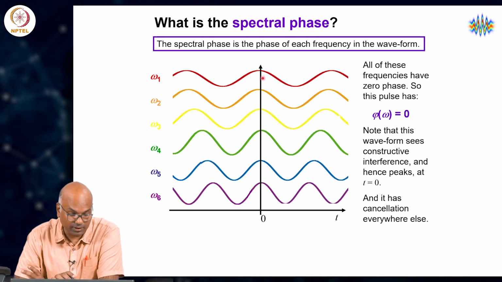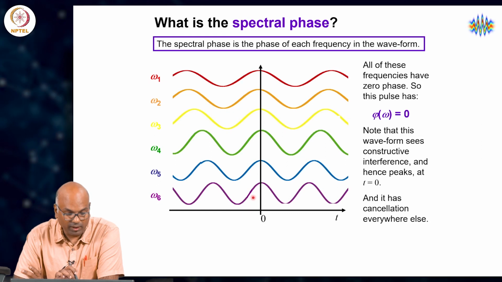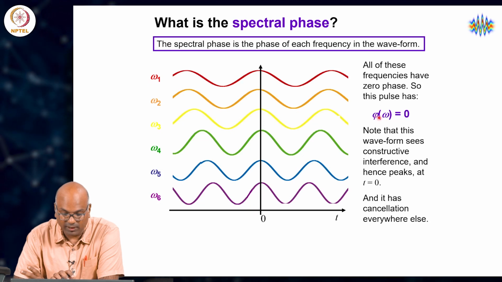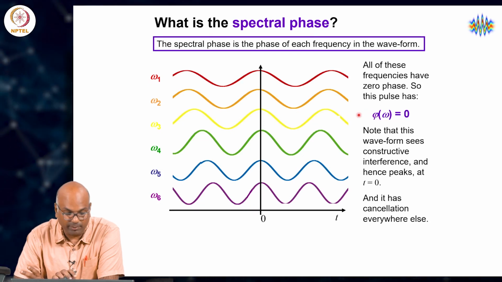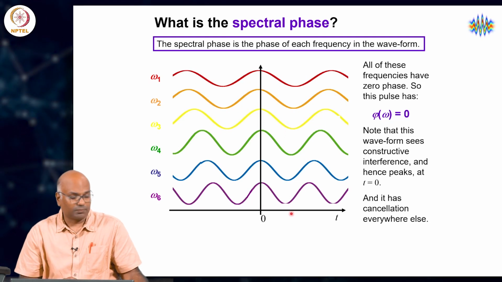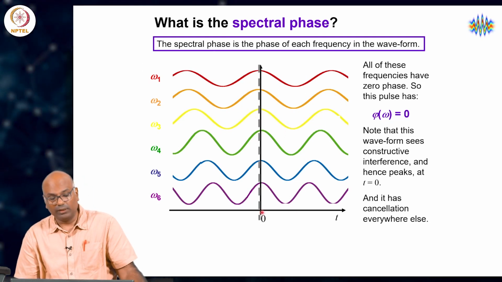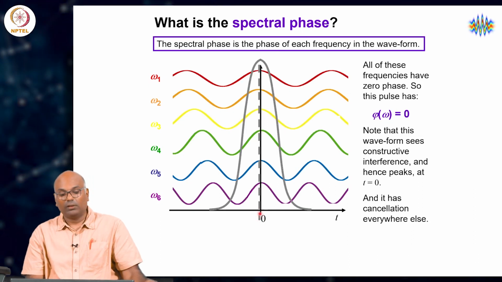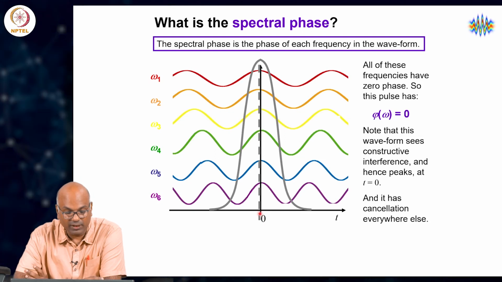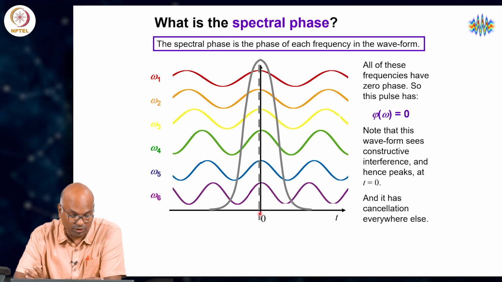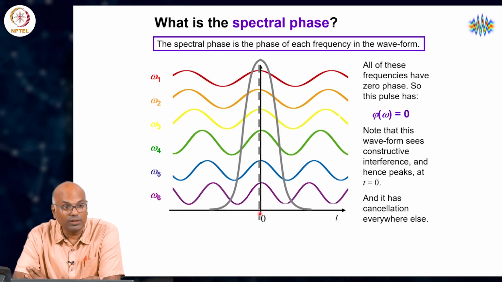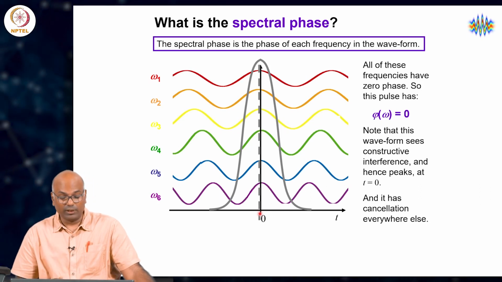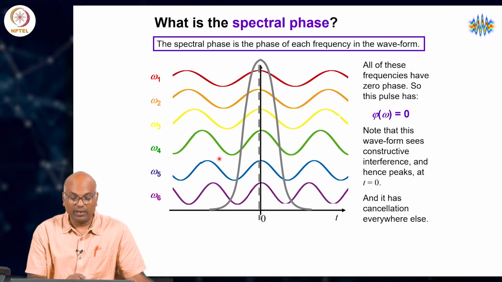And what we see in the time domain as the pulse, considering here the simplistic case of the spectral phase identically being 0 across all these frequencies, is that the temporal pulse is nothing but the manifestation of a constructive interference of these constituent frequencies, giving us, if you wish, an illusion of a pulse in the time domain. But of course, it is more than an illusion, it is really what connects the spectral and temporal domains.